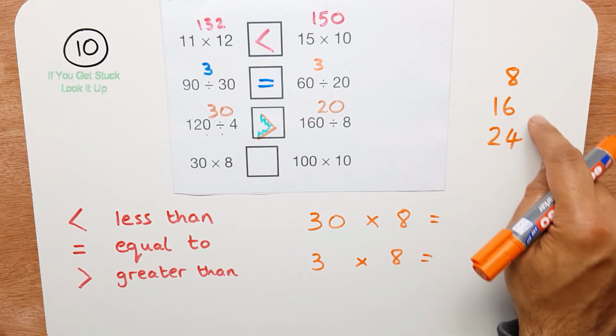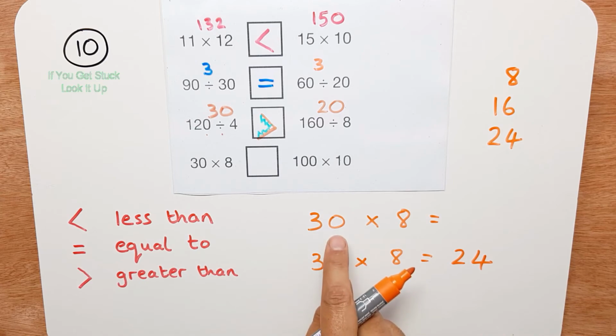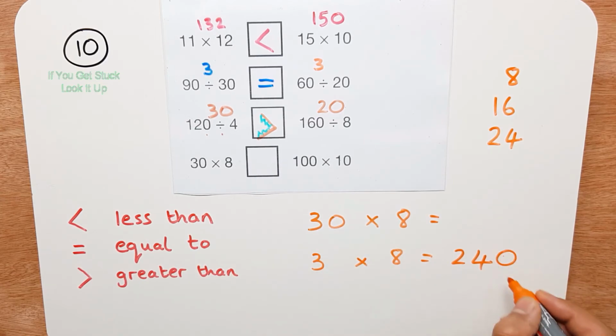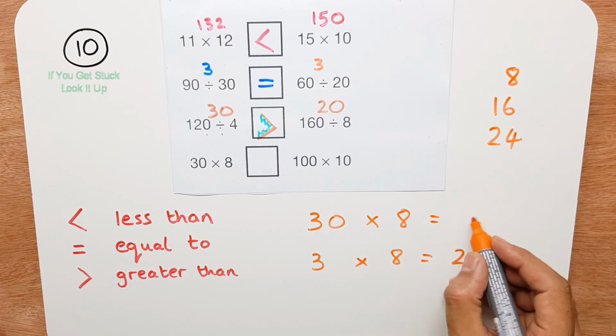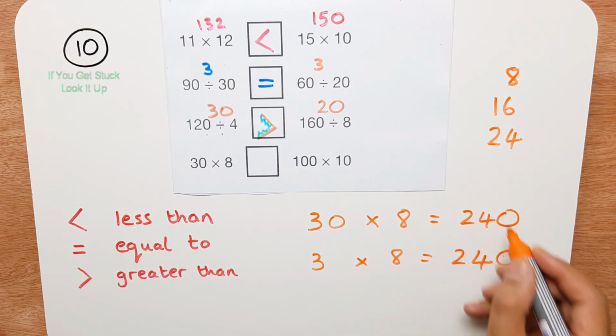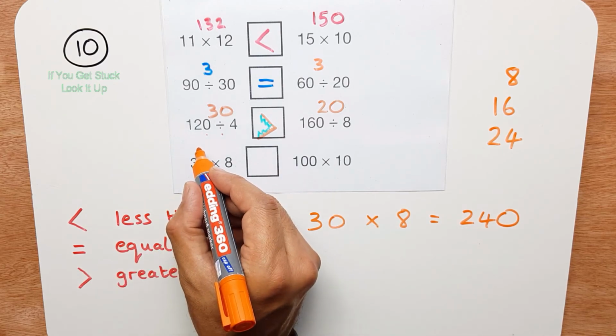So 3 lots of 8 is 24. So 3 times 8 is 24. Now, this 0 that I hid has to come back here. So really, 30 times 8 is 240. So I can write 240 above here.